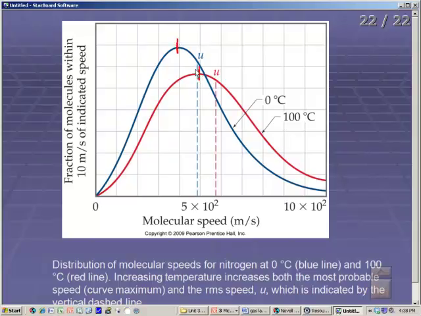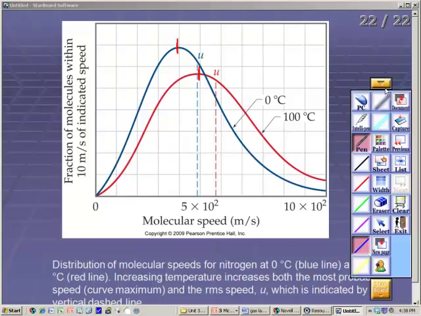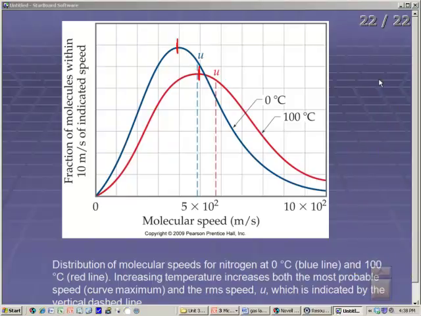And then there's this other thing called root mean square. If you look at your textbook definition of what root mean square is, it is the speed of a molecule possessing average kinetic energy. So again, one more time, this quantity is the speed of a molecule possessing average kinetic energy.